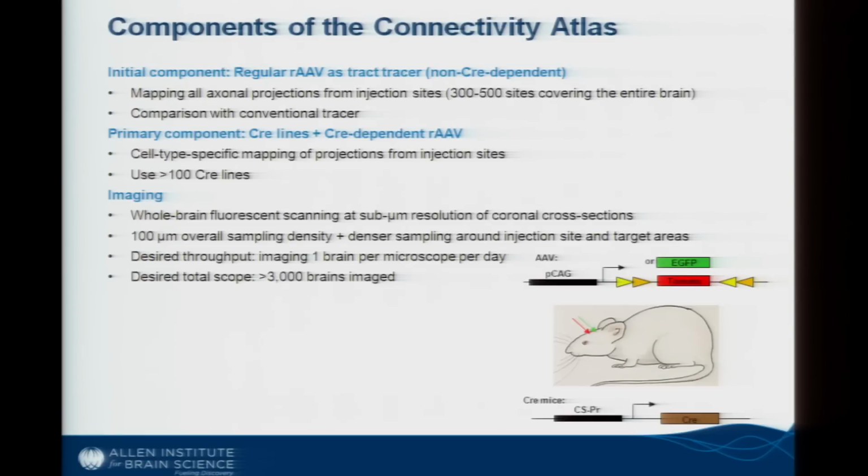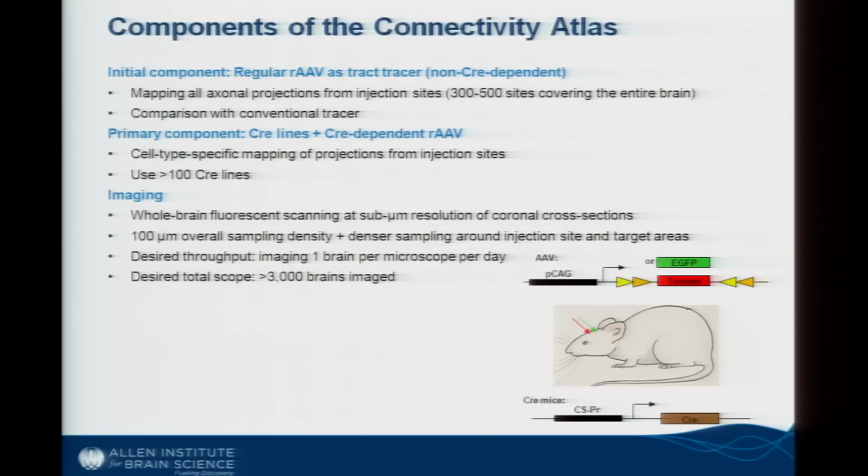So for the basic components of the Connectivity Atlas project, we'll start with doing a non-Cre-dependent, just a regional specific mapping using regular AAVs as tracers. And we would target 300, 500 injection sites that cover the entire brain.